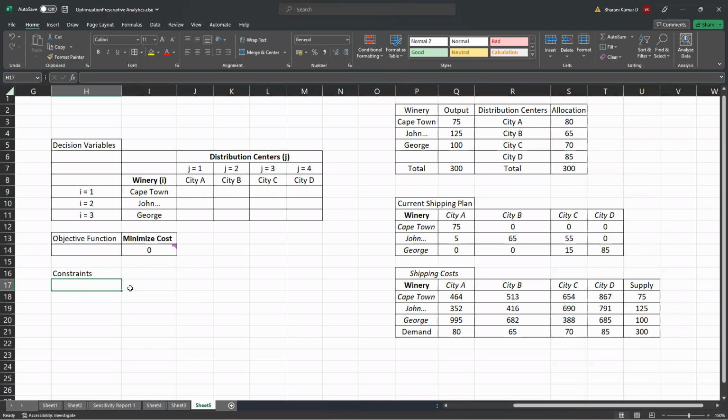That means whatever j you're transporting from one location to another, the summation of all these things should be equivalent to the total supply.